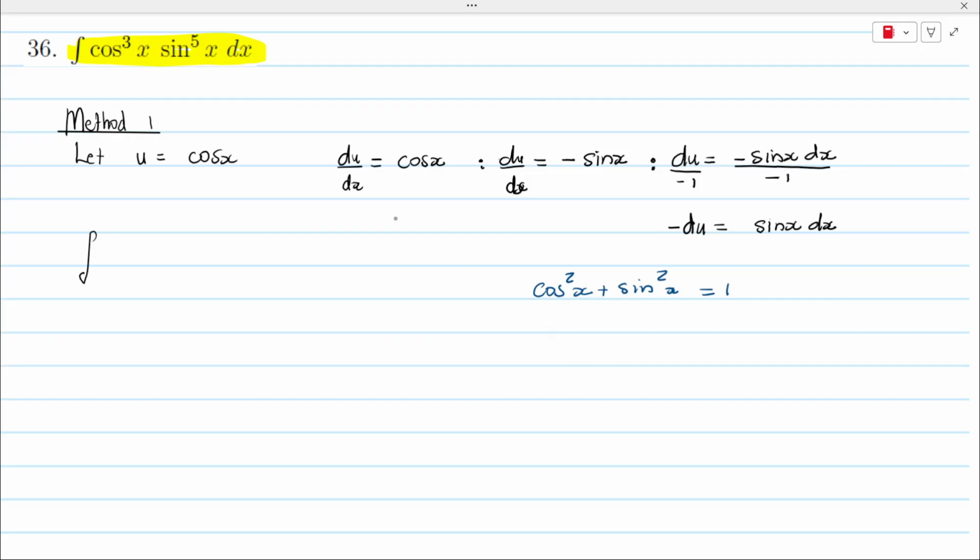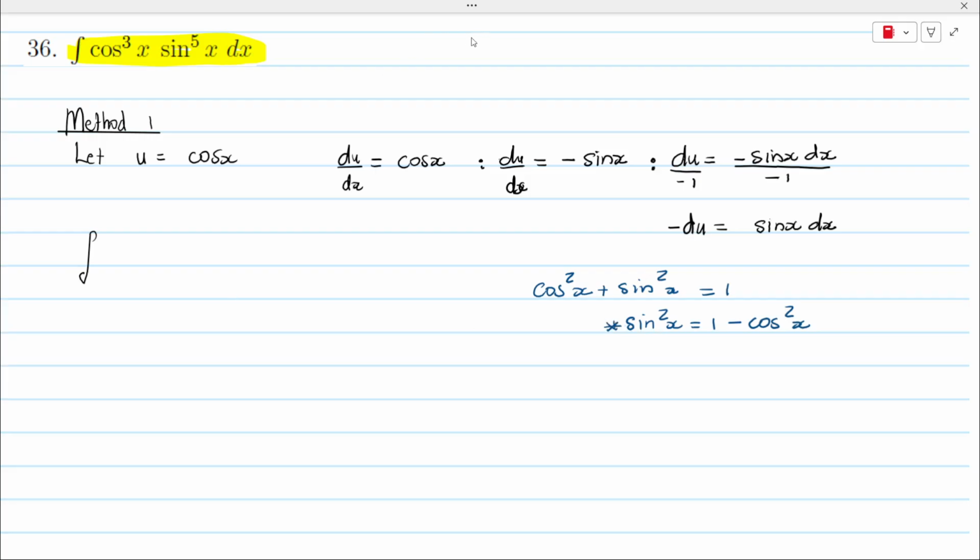Because I'm working with cos, I want to find the identity of sine squared x. So sine squared x will be equal to 1, then I take the cos to the other side, minus cos squared x. So this is what I will be working with.